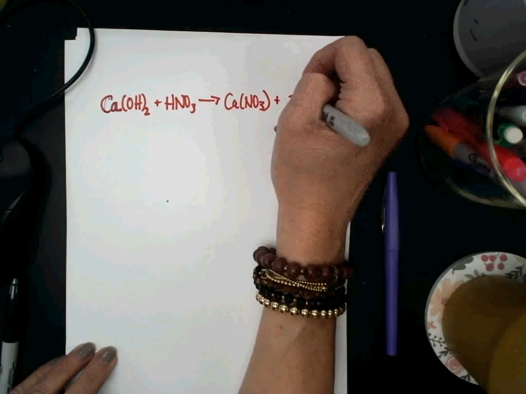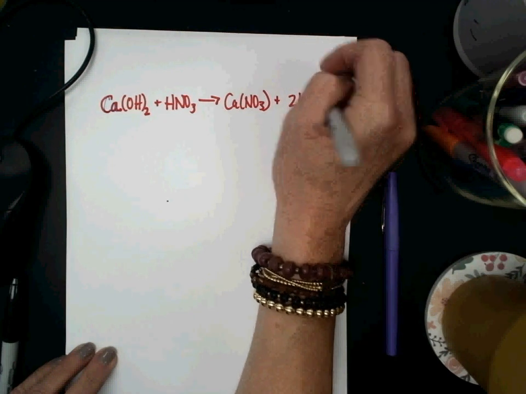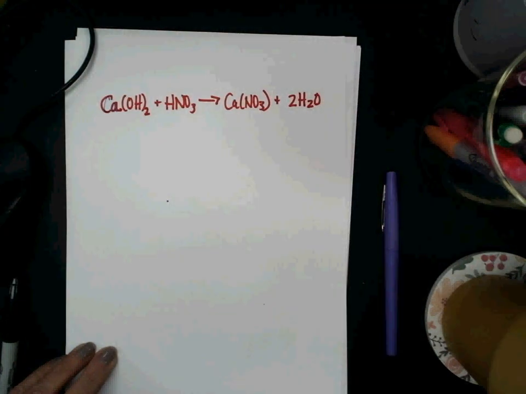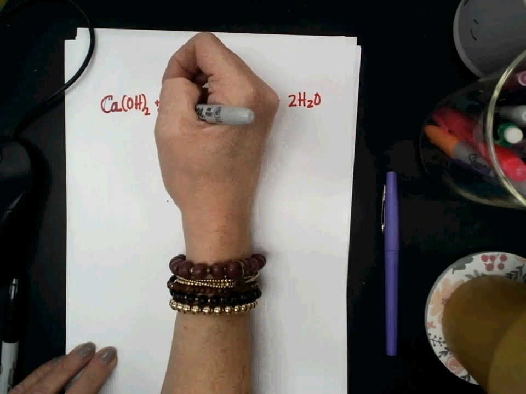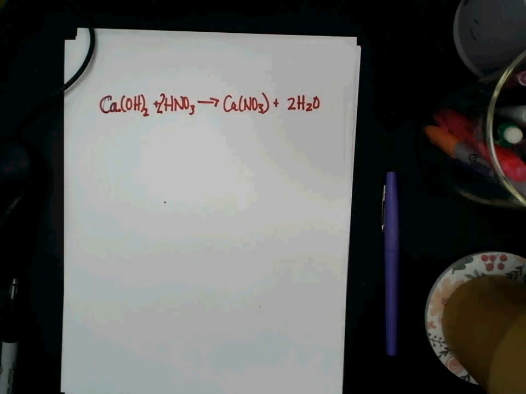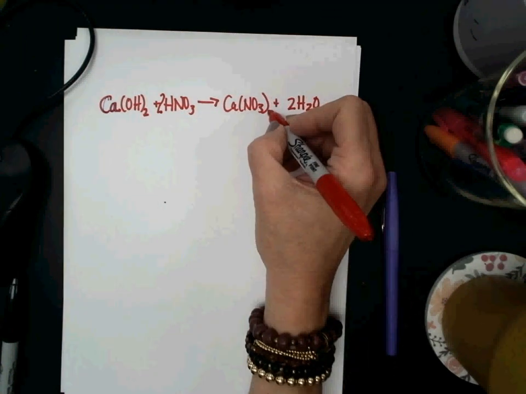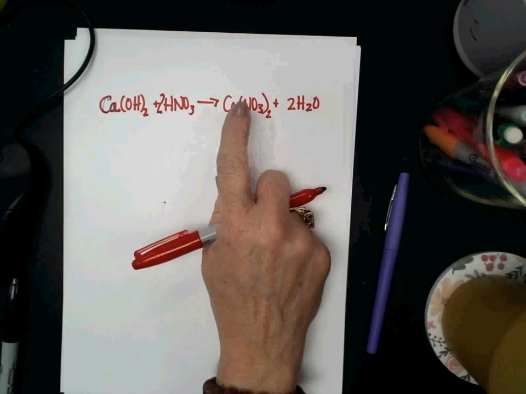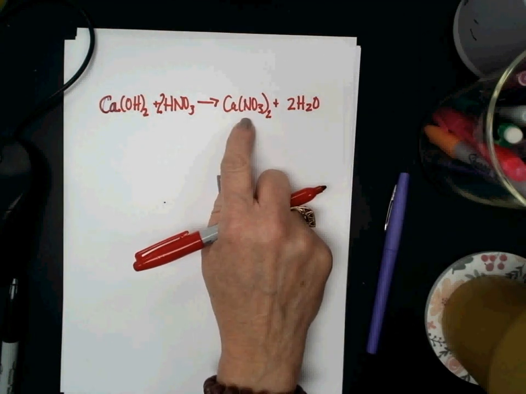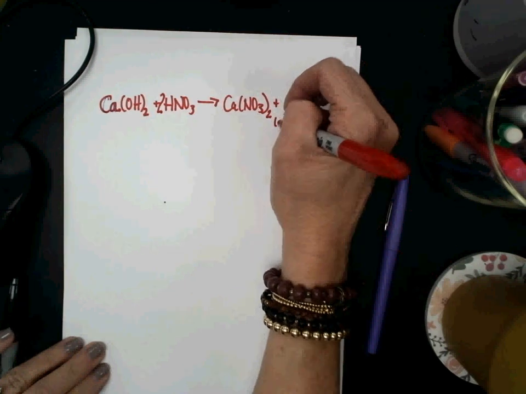Tell me the other side of your equation. 2H2O plus Ca(NO3)2. Yeah, that looks good. Whoops, I forgot my 2 right there.